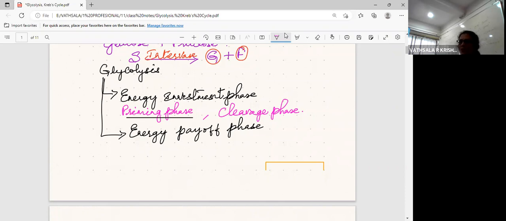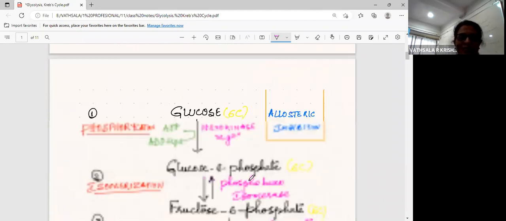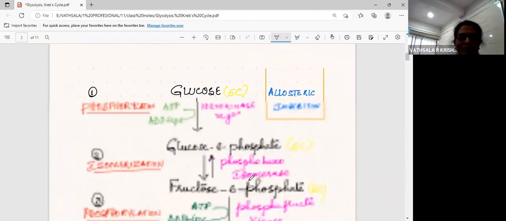That means ATP is taken; energy is not given, energy is taken, and then comes the payoff. You put in 10 rupees, you get 50 rupees. That's the payoff. So whatever minimum energy is taken in the investment phase, glucose is taken in. The investment phase has two further phases, the priming phase and the cleavage phase. Cleavage means breaking of that bond.